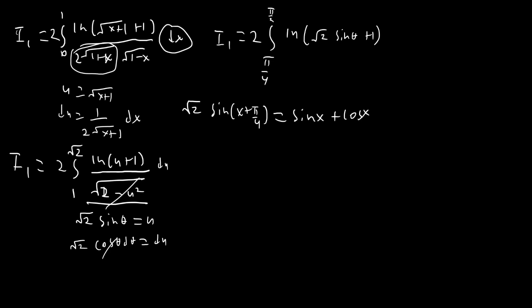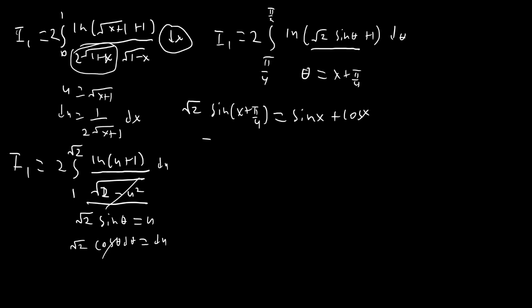So this looks a lot like what we have here because we have square root 2 multiplied by sine of x. So in order to simplify this, all we're going to have to do is just replace theta with x plus pi over 4. So I'm going to do exactly that. I'm going to let theta equal x plus pi over 4.